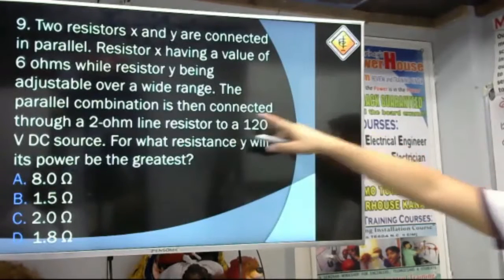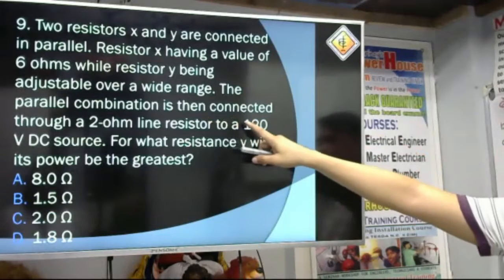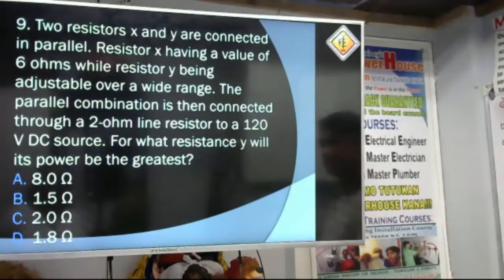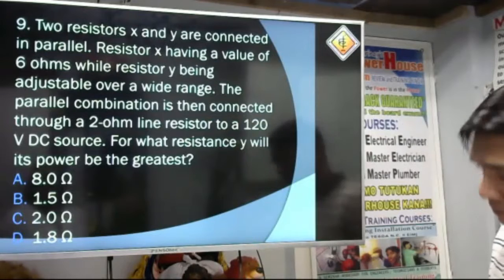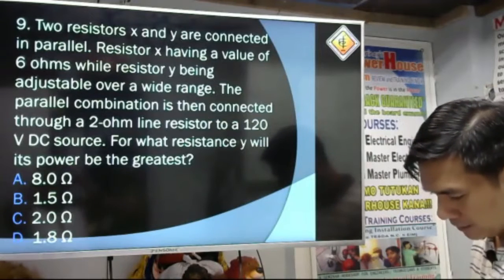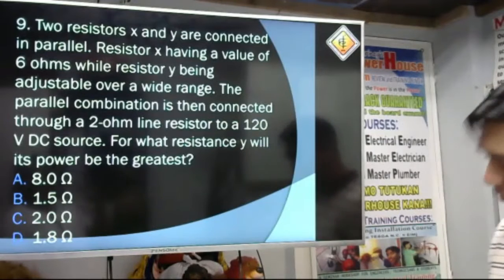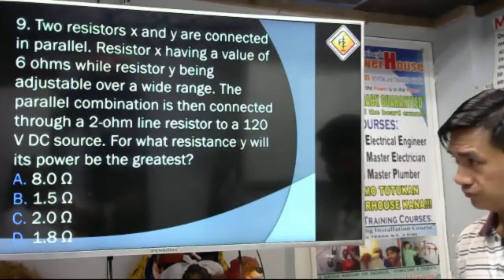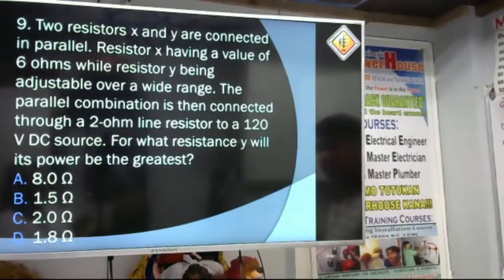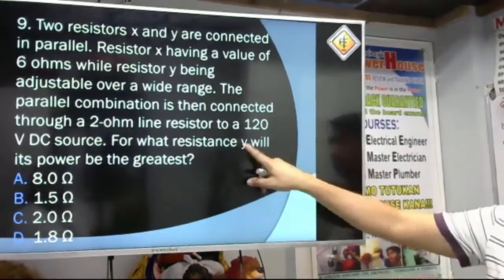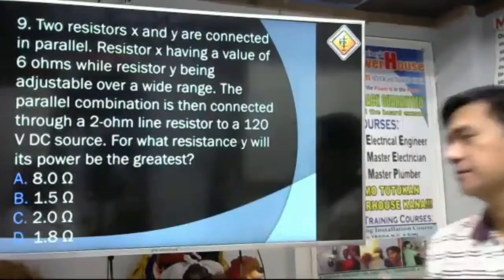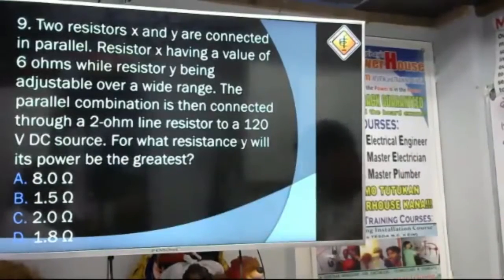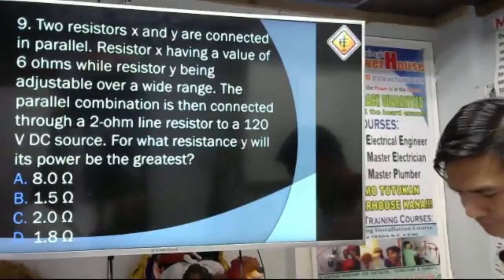The parallel combination is then connected through the 2 ohm line resistor to a 120 volt DC source. Okay? So we have a 120 volt DC source. For what resistance Y will its power be the greatest? Okay, so what will be our resistance here?